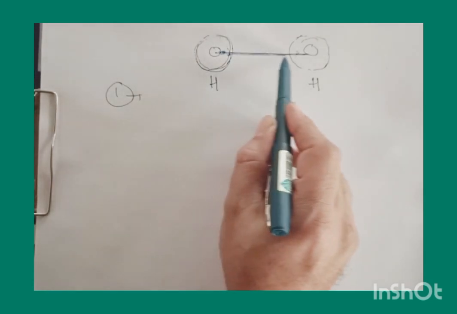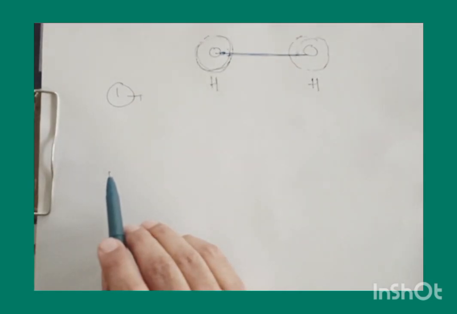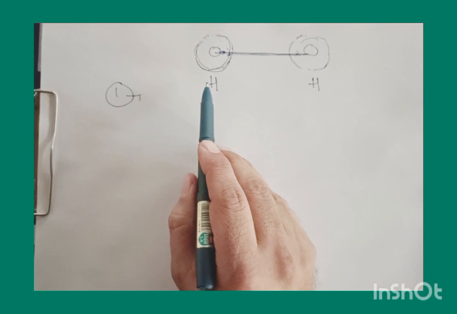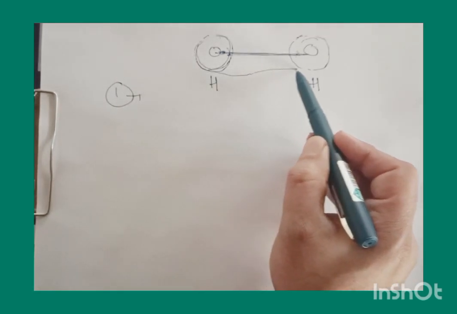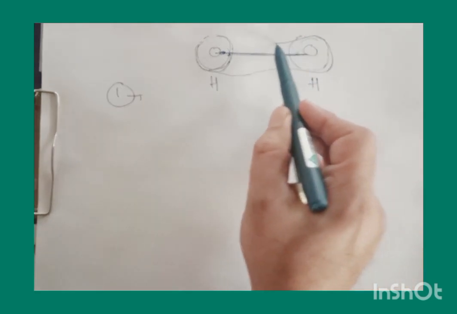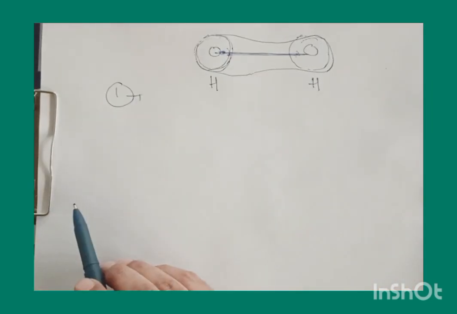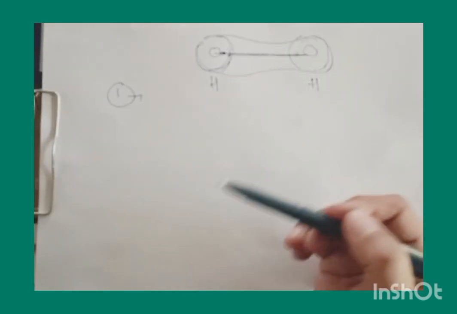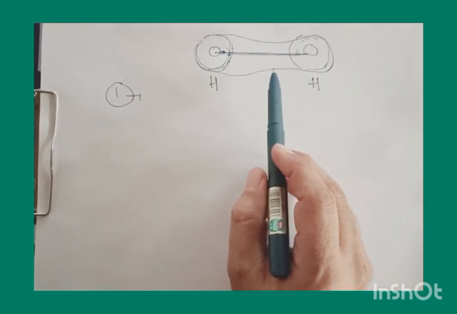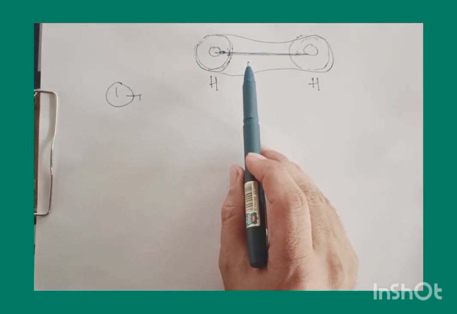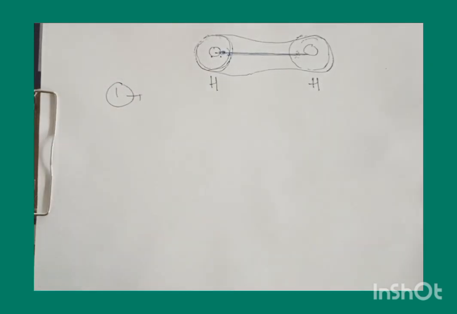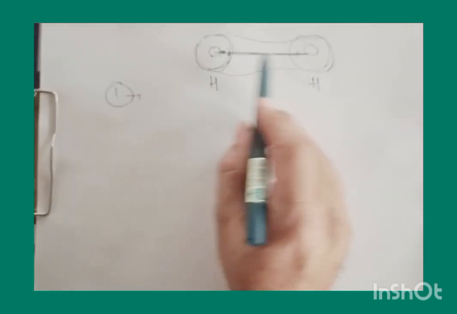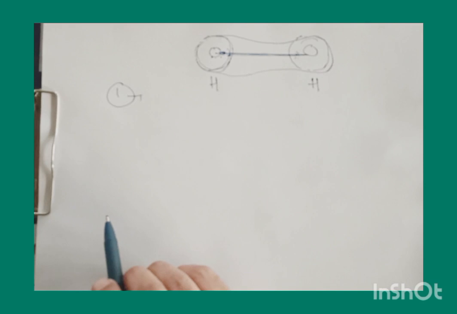So we have the situation of repulsive force between the nuclei because they are both positively charged. But the arrangement of electrons is such that the overall attractive force, by virtue of the electron cloud, and the force between these two nucleuses, the attractive force, trespasses the repulsive force between the two nucleuses.